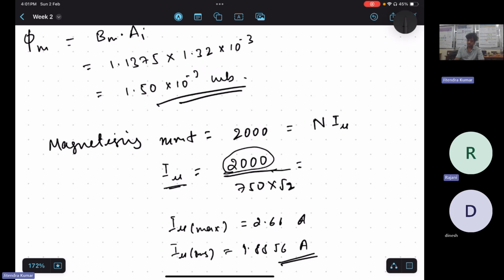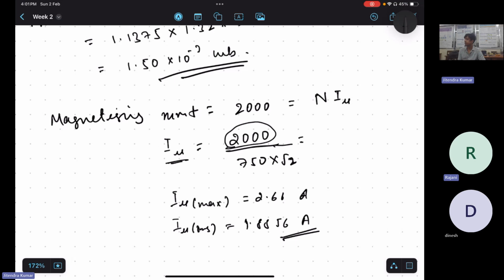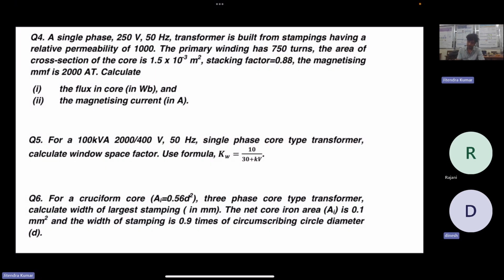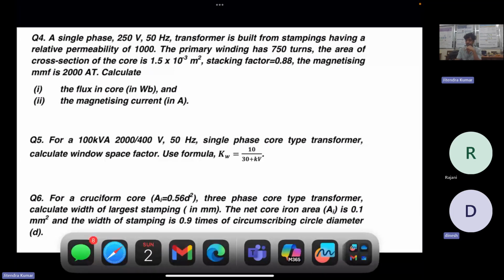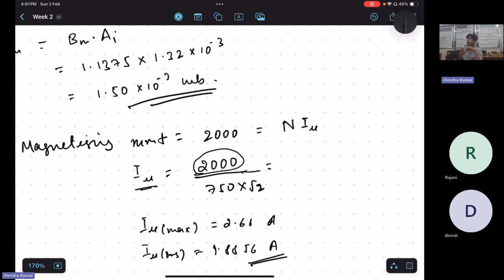I hope there is no doubt in this part, right? Yes, go ahead, please, Dinesh. How do we deduce that it is a maximum value of the current? That's a good question. See, anywhere you are given MMF, which is nothing but ampere turns, the maximum amplitude of the current is included. This 2000 is ampere turns.